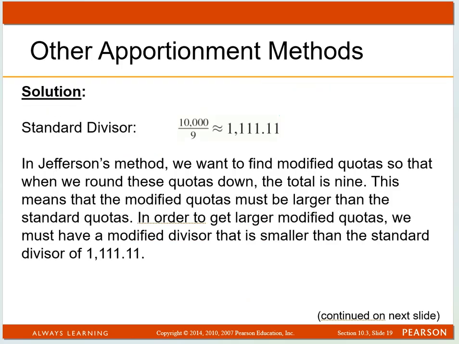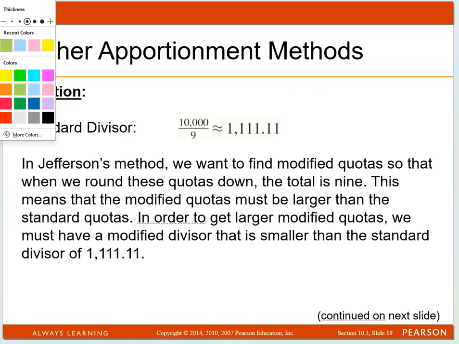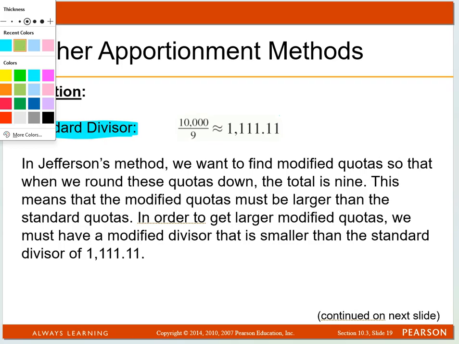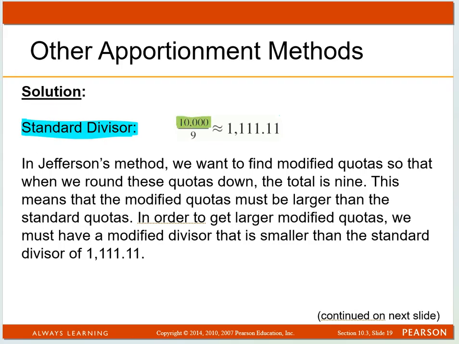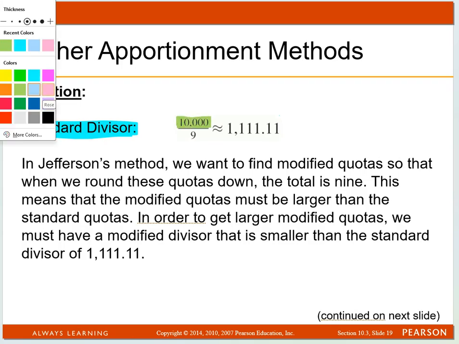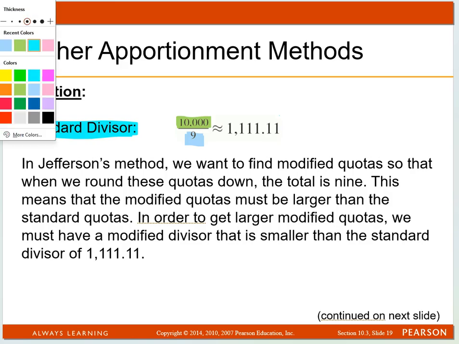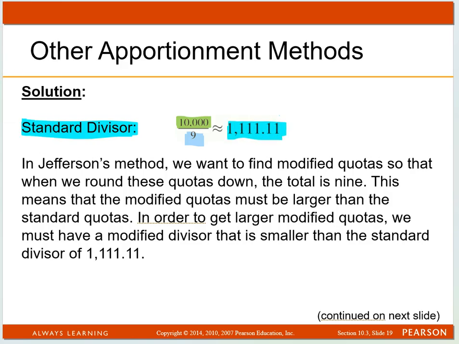So your standard divisor, you're going to take the total population and divide it by the number of seats that are going to be apportioned. And I'm guessing my math lab said take it out 2 places. So there's the 1,111.11.